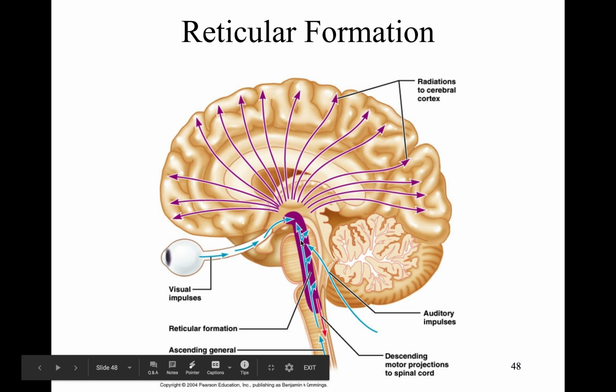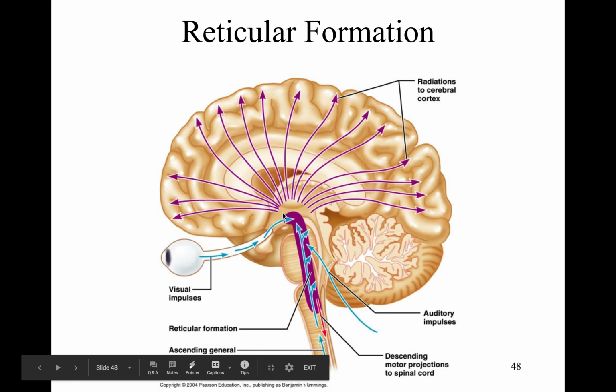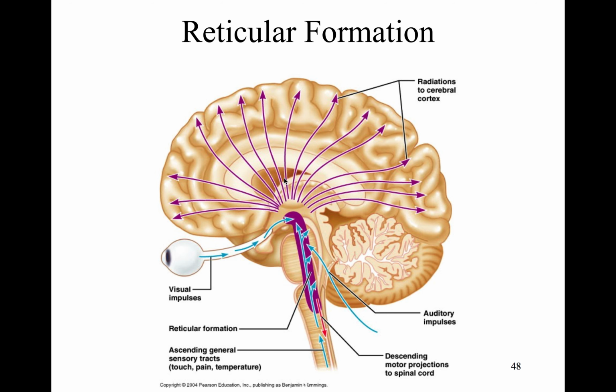Then the reticular activating system sends that sensory input to the cerebral cortex to arouse it and keep it alert. So all of our ascending general sensory tracts synapse with neurons in the reticular activating system.